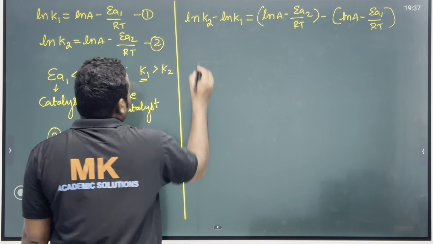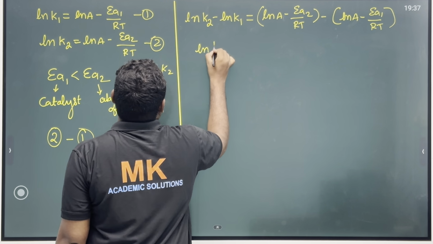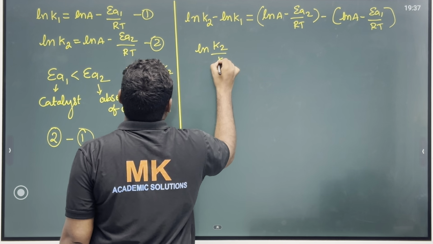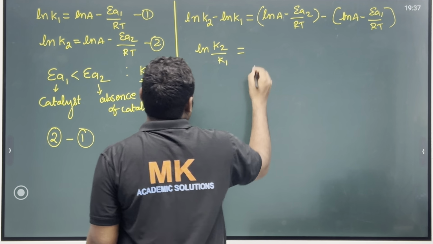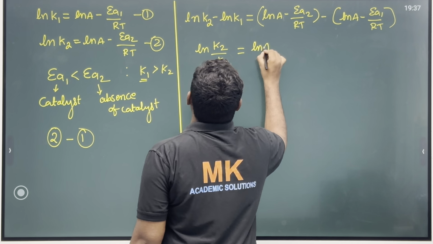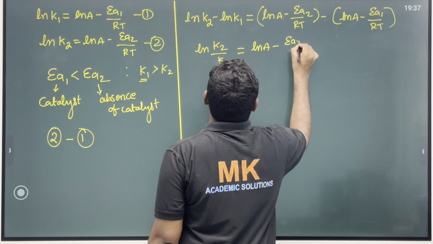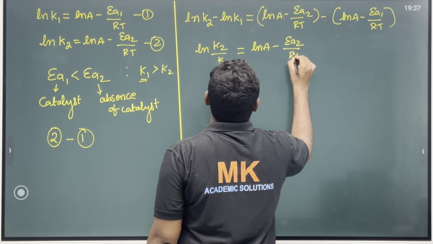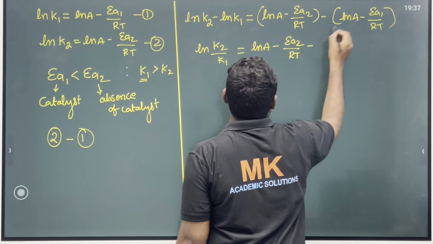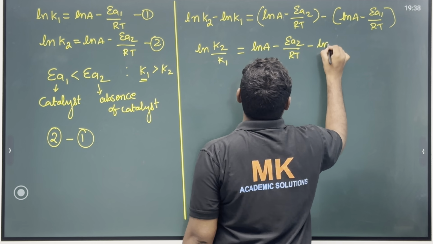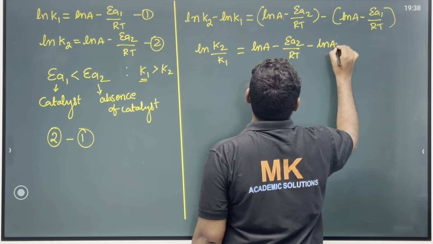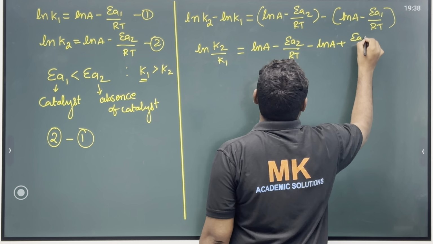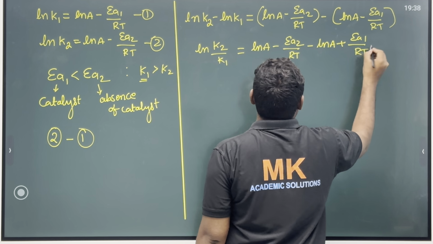Okay. So therefore ln K2 by K1 is equal to ln A minus EA2 by RT, minus, ln A minus EA1 by RT.